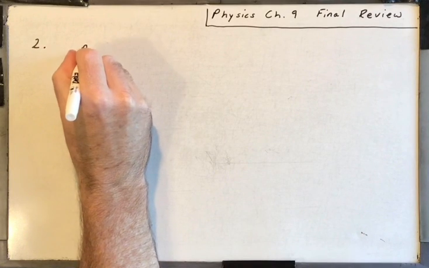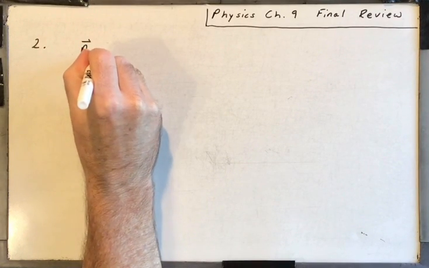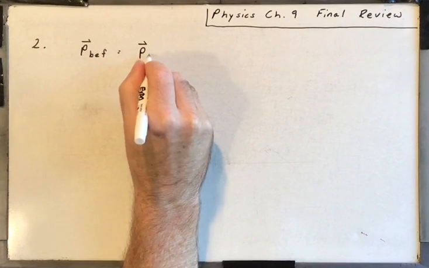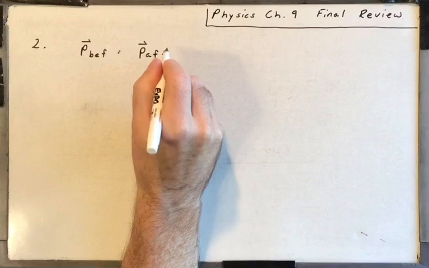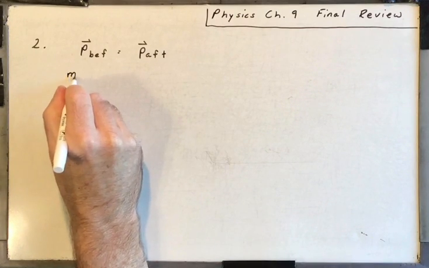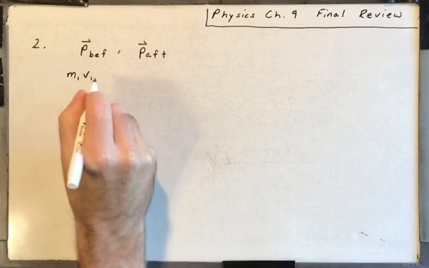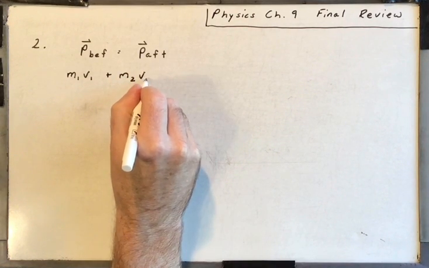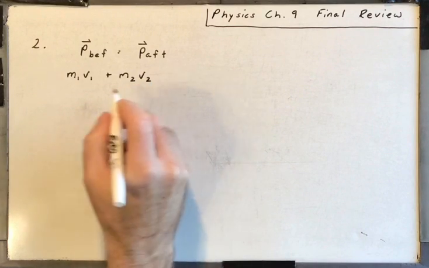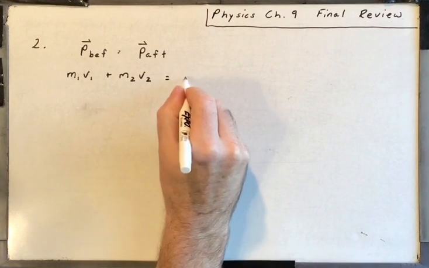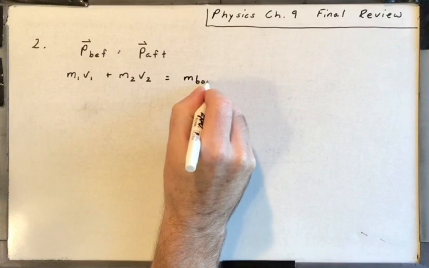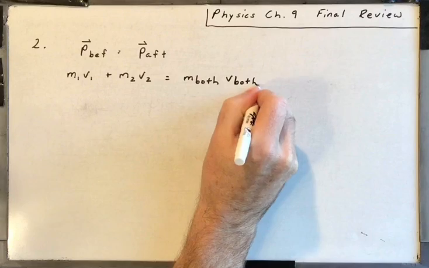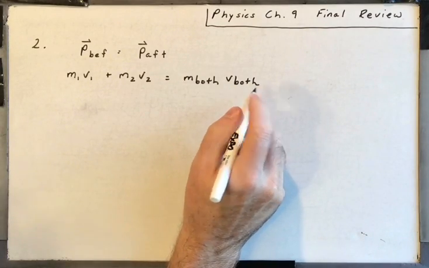We would have the momentum before has to equal the momentum after. So that's the mass of car 1 times the velocity of car 1 plus the mass of car 2 times the velocity of car 2. That's the before situation. And after, they're stuck together, so it'd be the mass of both times the velocity of both, and that is what we are solving for.